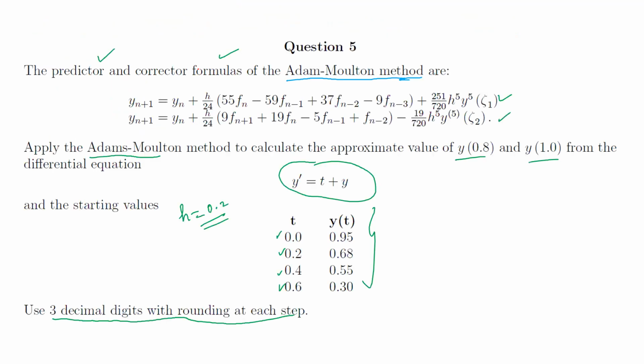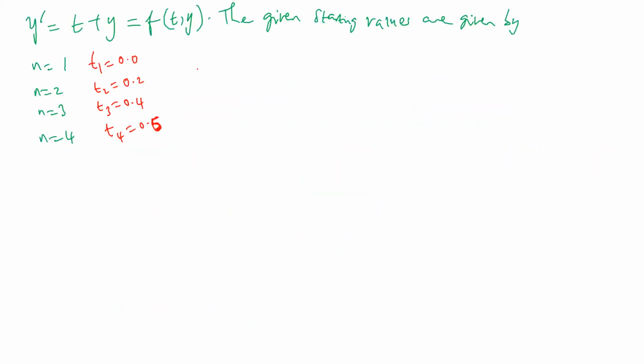We're given those values of y: at n equals 1, 0.95; n equals 2, 0.68; n equals 3, 0.55; and n equals 4, 0.3. So we write those down in the table.